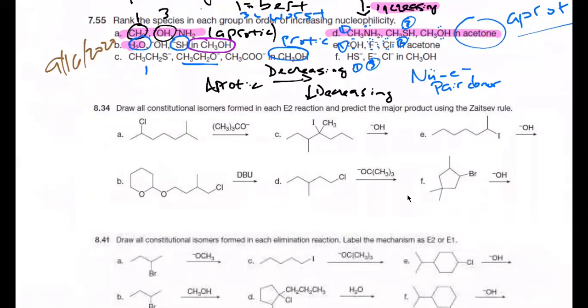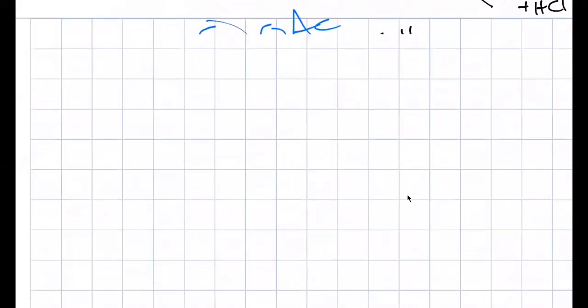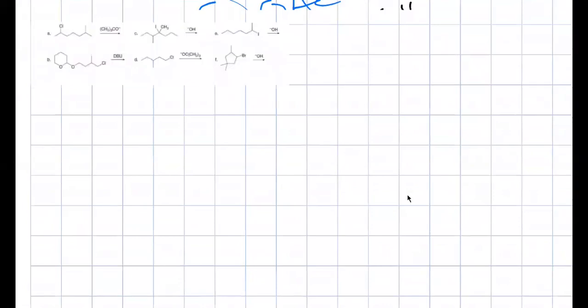Add a page right quick so we can have some room to work. All right, so we do A, C, and F. Let's start with A because it's fairly simple and fairly straightforward.